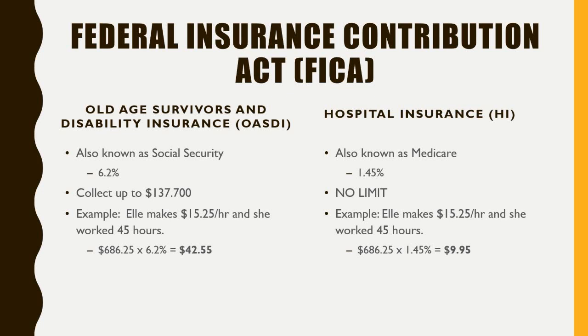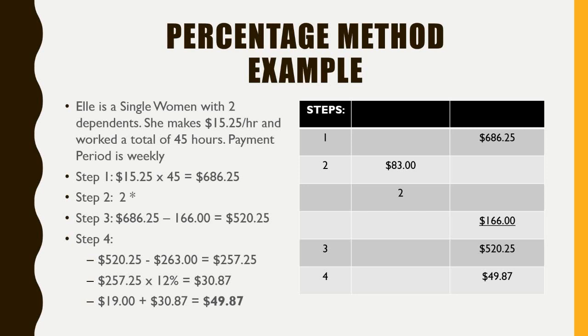Okay, and we'll talk about that tomorrow. All right, so this is just utilizing the Circular E form, using the percentages, and we're doing the percentage method, where we determine which section we belong to in order to properly calculate our federal income tax withholdings. Okay, that's only, again, one portion of employee taxes.